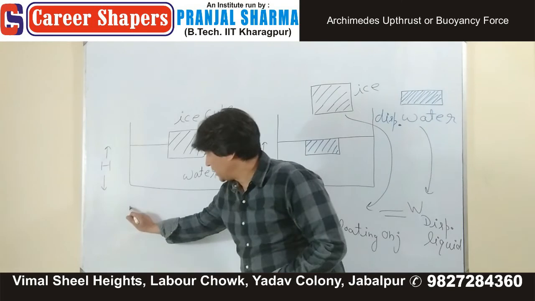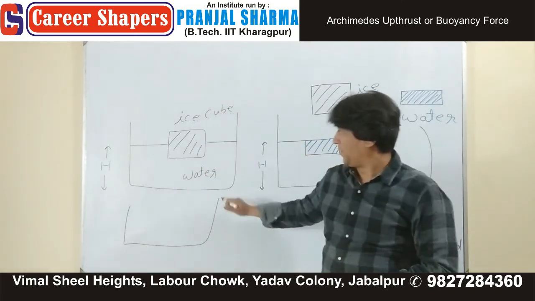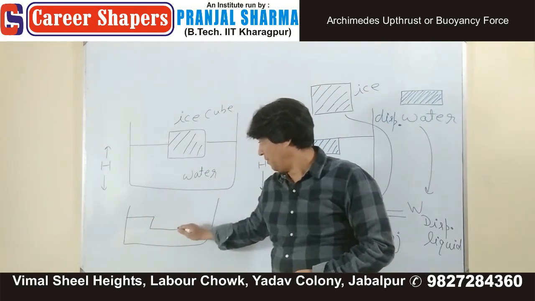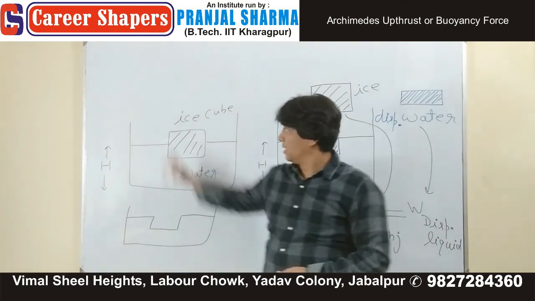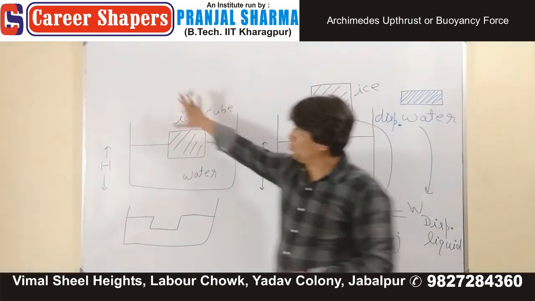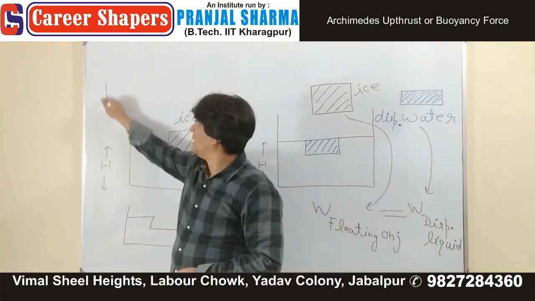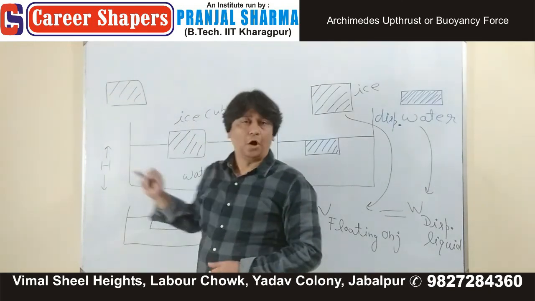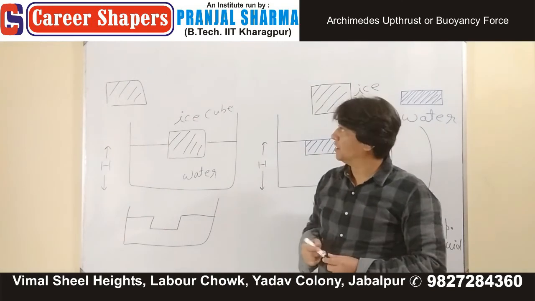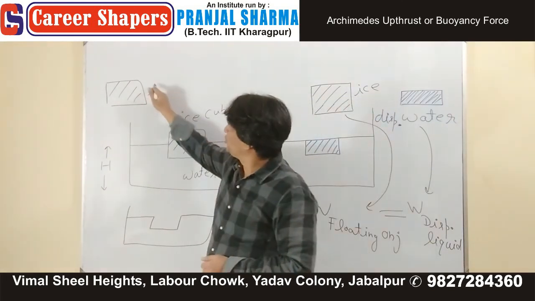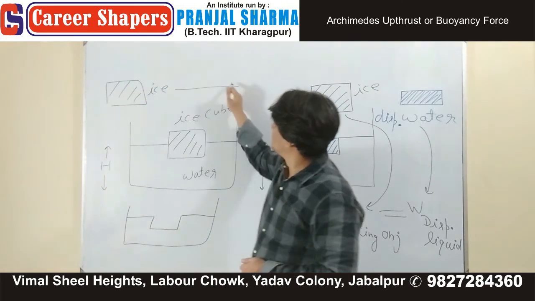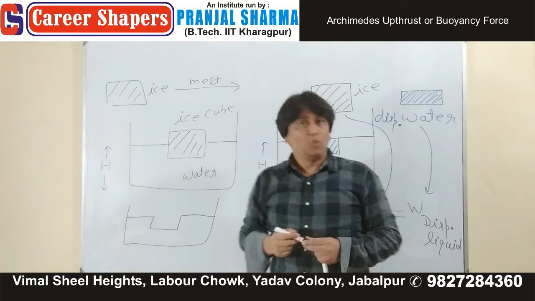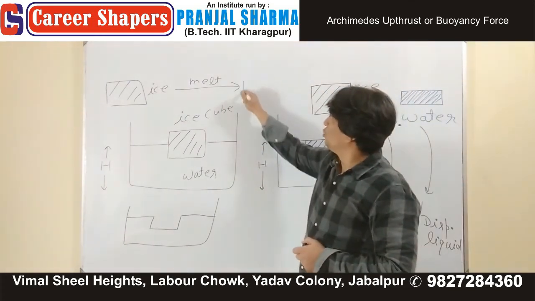इस बीकर को फिर से ड्रॉ किया हमने, आइस क्यूब को बाहर निकाला, और टेम्परेचर इंक्रीज किया. टेम्परेचर इंक्रीज करेंगे तो ये आइस क्या होगी? मेल्ट. एंड वंस इट मेल्ट्स, you get what?